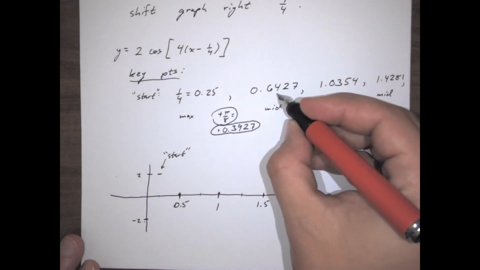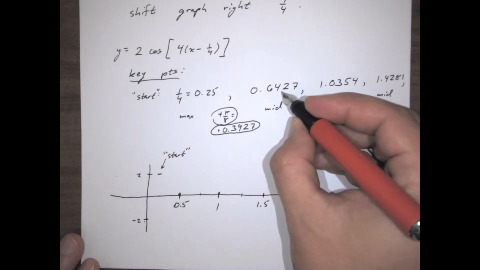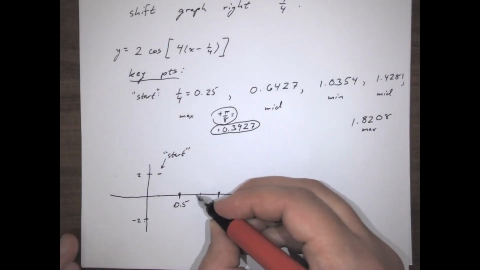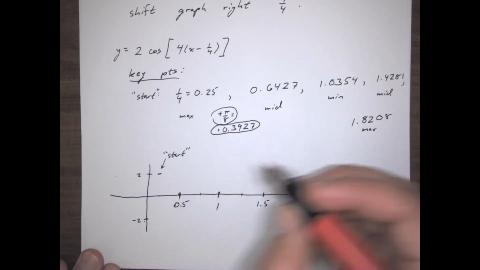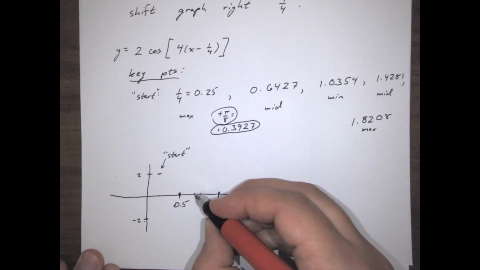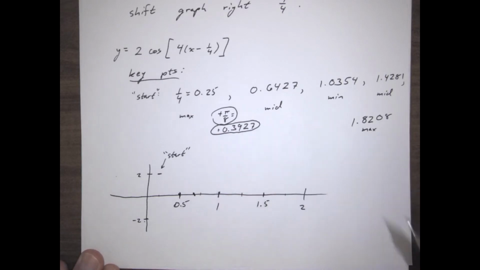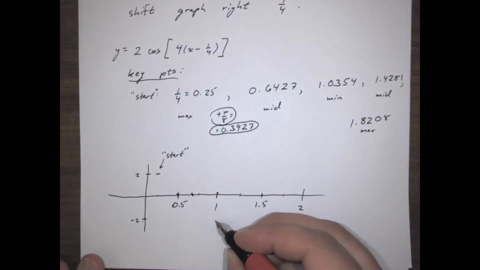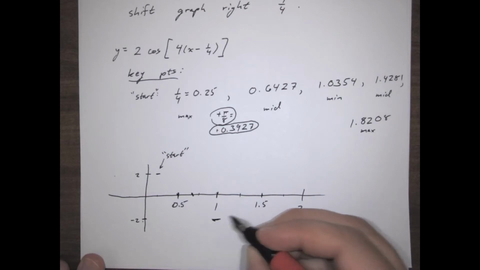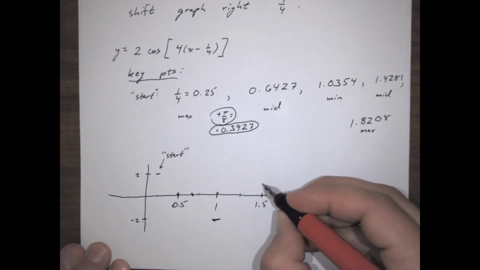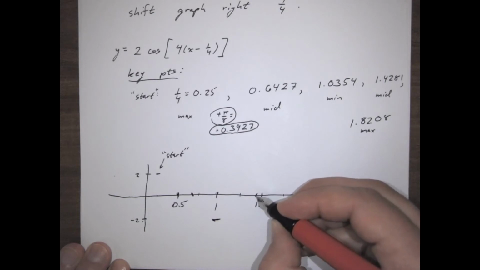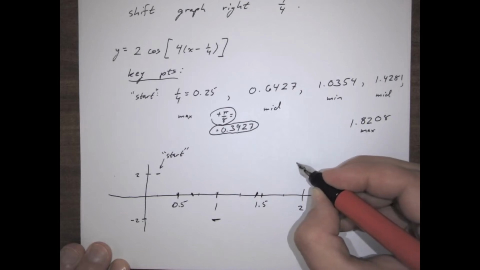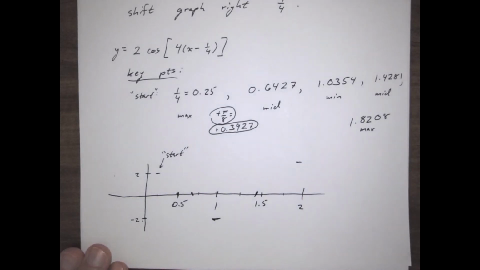It will be hitting that at 0.6427, so about 0.75. So let's just say it'd be around here, roughly. Then it'll be at the minimum just slightly after 1. Then just a little bit before 1.5, it will be going through the midline again, and then it'll be at the maximum 1.82, so let's say right there. So something like that.